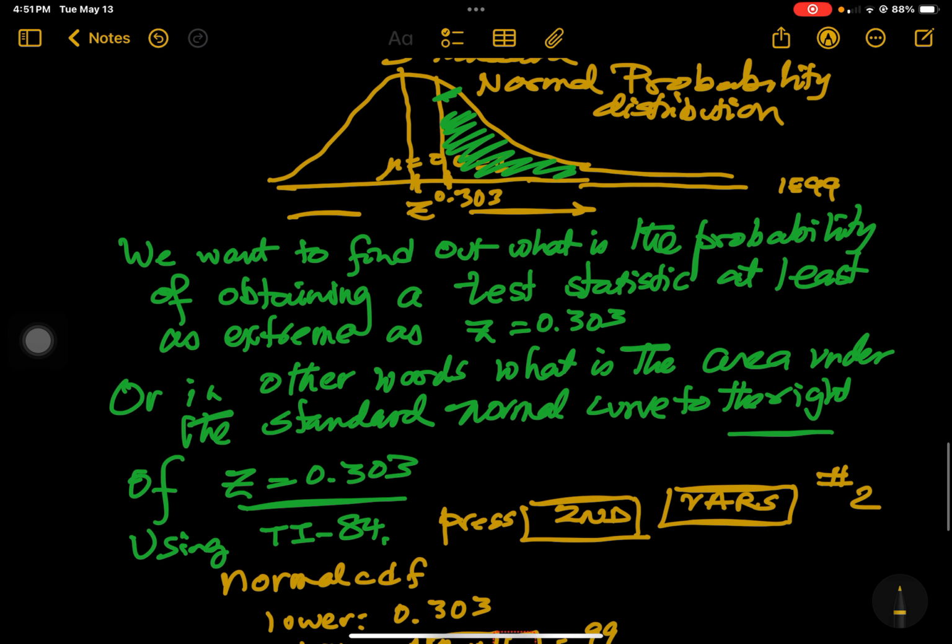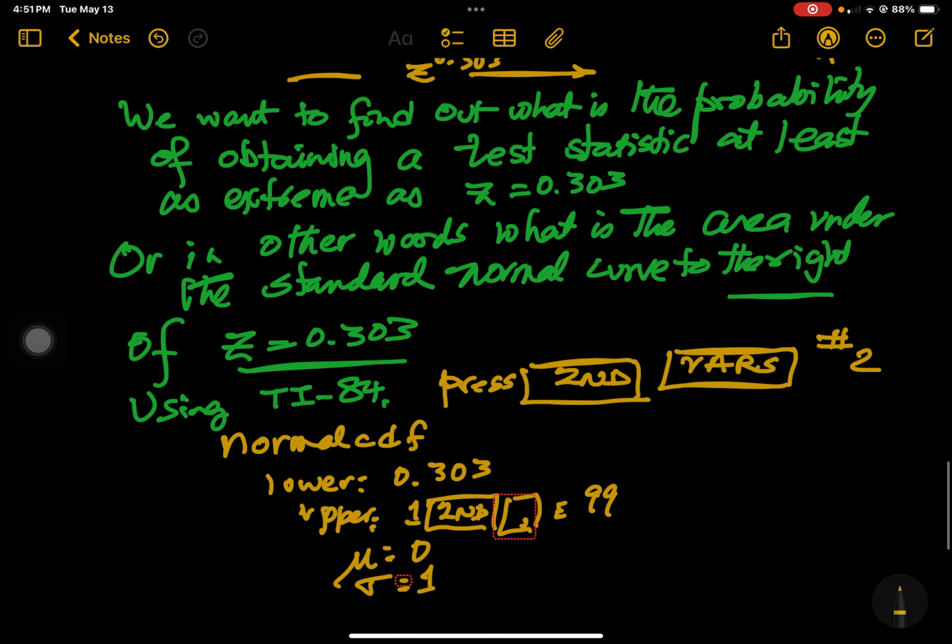As I mentioned in the past, this is the characteristic: mu equal to 0 at the center, and sigma is 1 for the standard normal curve. So leave the mean at 0 and standard deviation as 1, put your cursor on Paste and hit enter twice.